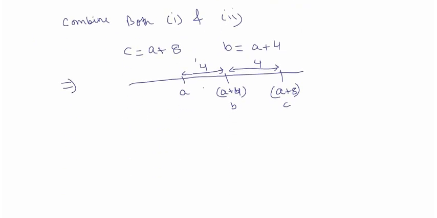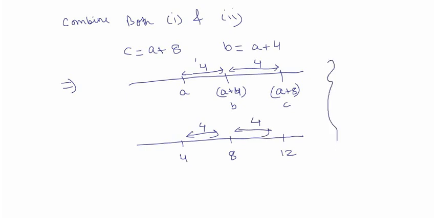Now from the figure itself, I know that the original numbers that were given were 4, 8 and 12. They are also spread out by unit distance of 4. So according to the definition of standard deviation, both are equally spread out from the mean, so their standard deviation would be the same.